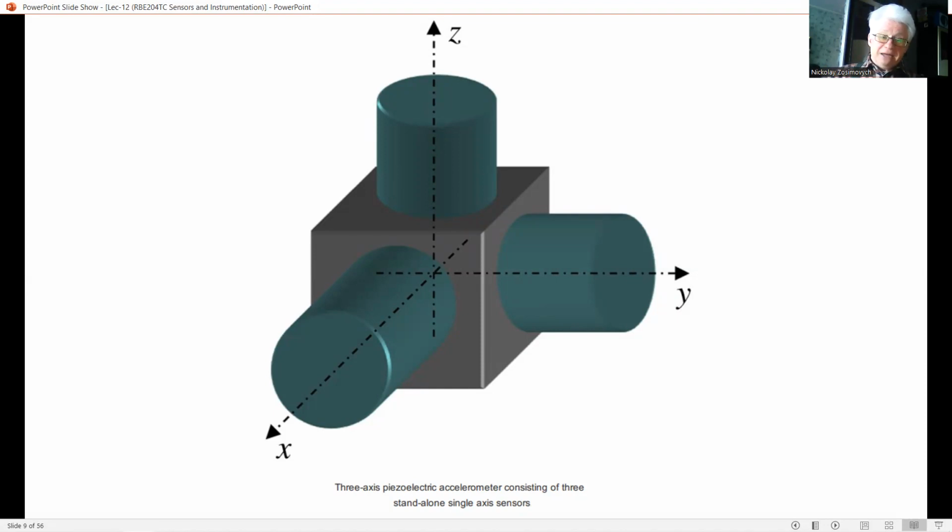The smallest dimensions of such sensors are comparable with a die and have a weight down to only 20 grams and sensitivities around 10 millivolts per G, where G is gravitational acceleration. Usually in the SI system, we measure in meters per square second.